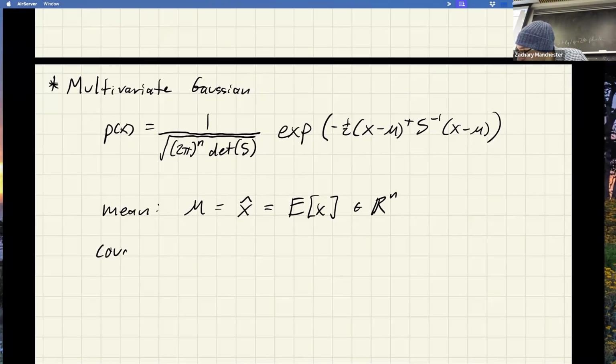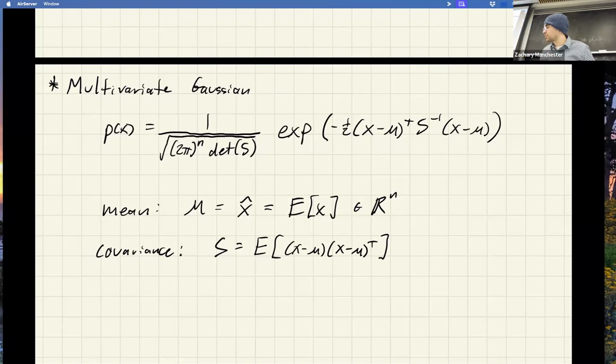So the covariance is S, and the definition of this is the expectation of x minus mu times x minus mu transpose. Think about that for a sec: I'm going to take all the x's and subtract off the mean. I'm centering this thing at the mean.